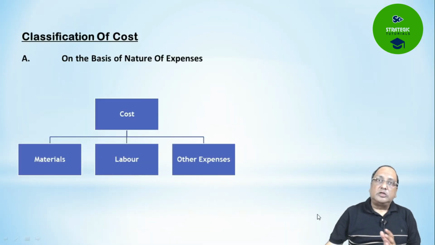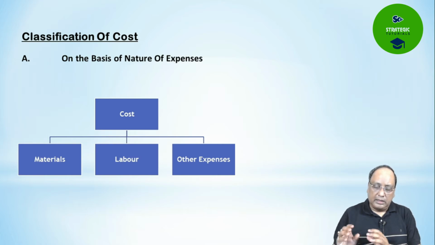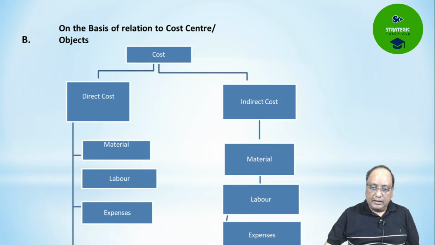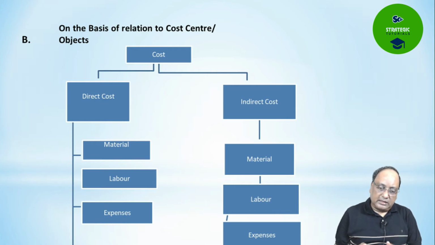On the basis of nature of expenses, the cost can be classified into three broad items: material, labor and overhead and other expenses. Next, on the basis of relation to the cost centers, there are two types, that is direct and indirect. Direct can be classified into material, labor, expenses.